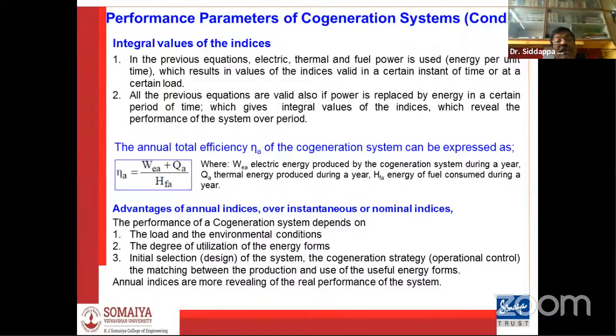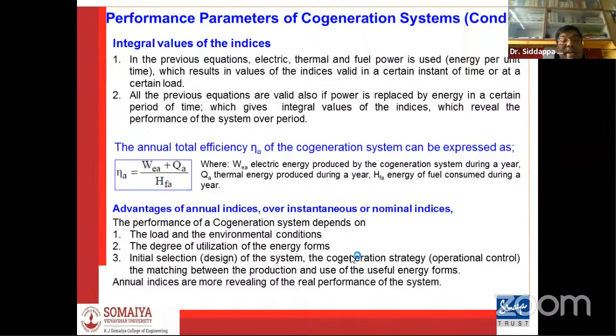In that case, you have to take the data of the entire period, then take the average value of that. Therefore, it depends upon how effectively you are using the system. Initial selection or design of a system, cogeneration strategy, operational control, and the matching between production and utilization also play a role, which will give more advantages once you use the annual data.